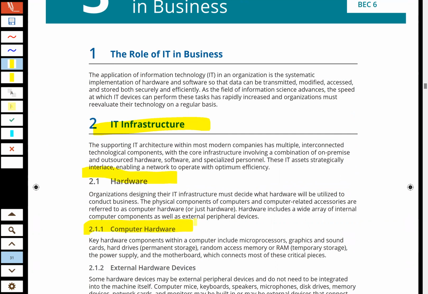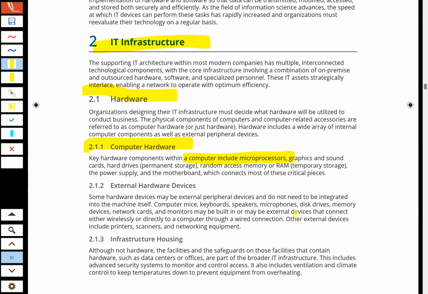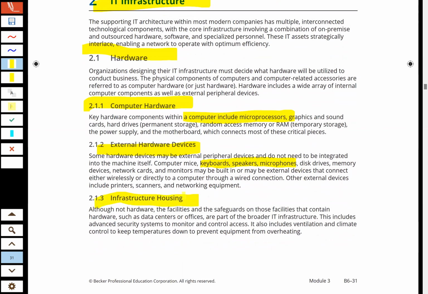Hardware, the computer hardware. I think you know that the computer itself is considered hardware, microprocessors, external hardware devices. I think you know keyboards, speakers, microphones are external. Let's go ahead and flashcard infrastructure housing, since that's not probably something that you typically hear talked about.